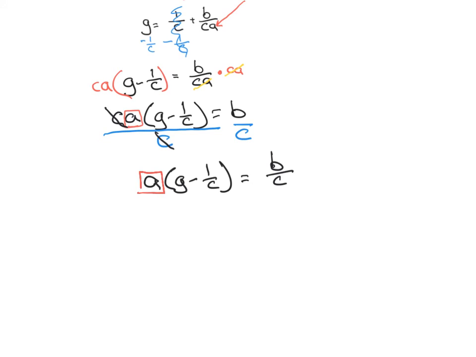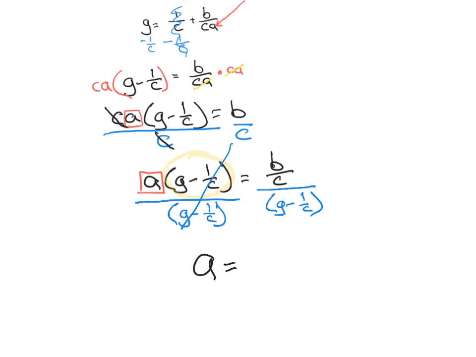Again, this guy, just by itself. So let's get rid of this. How do we get rid of it? How about we divide by all that junk, G minus 1 over C. That'll go away. This is going to be G minus 1 over C divided by. Okay, so we get A equals B.